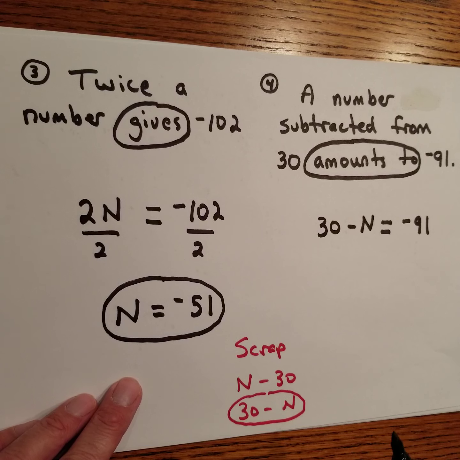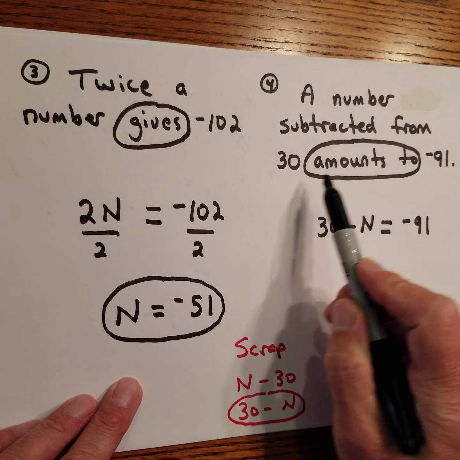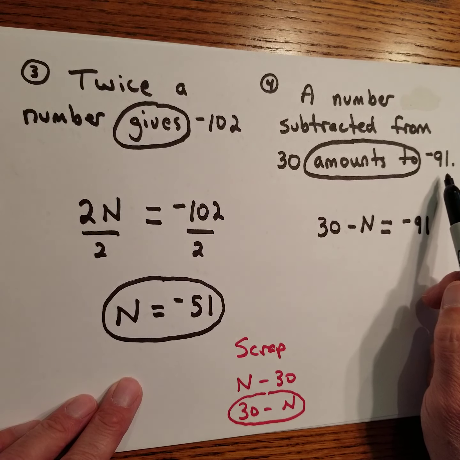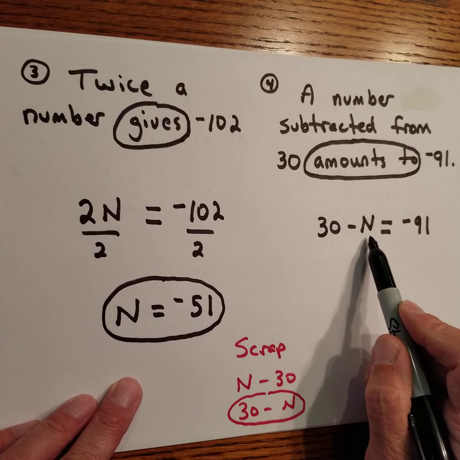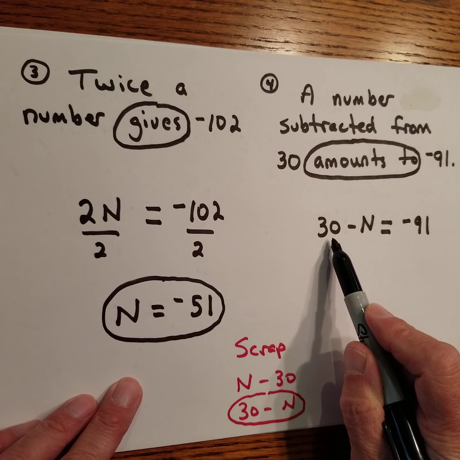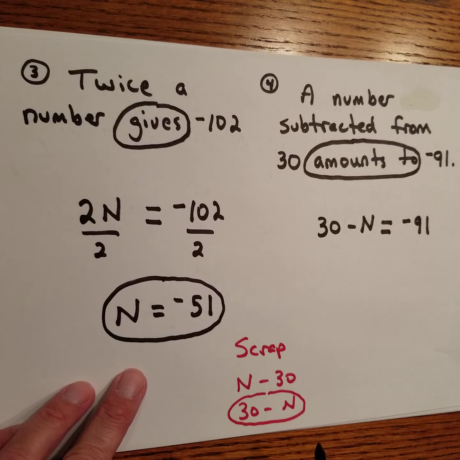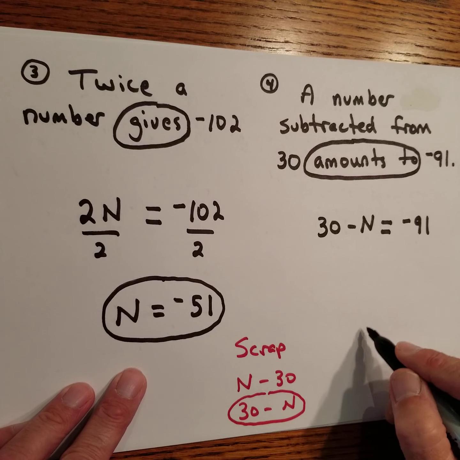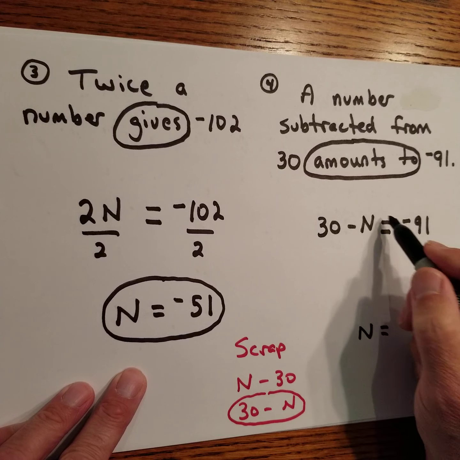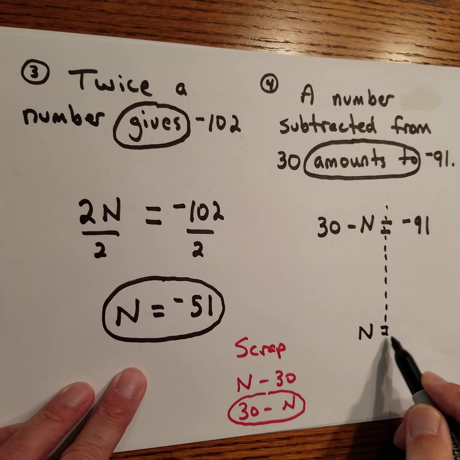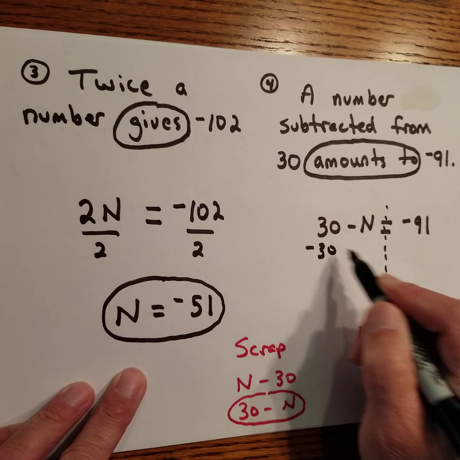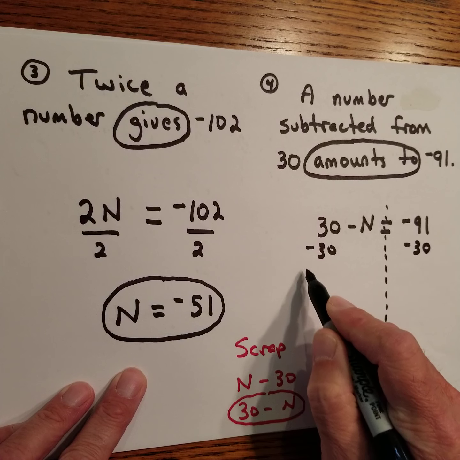Let's see if we've got it. A number subtracted from 30 amounts to negative 91. Good. Now let's solve. If I'm going to get n by itself, then that 30 has to leave. I'll subtract 30 from each side.